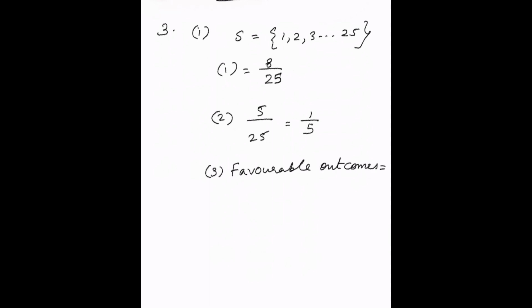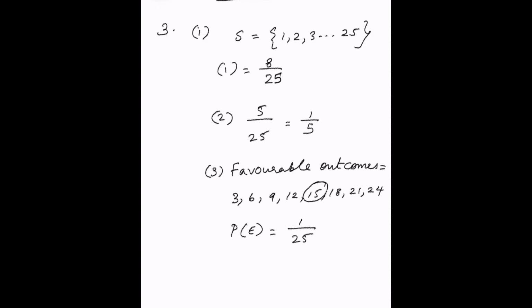First you consider multiples of 3: 3, 6, 9, 12, 15, 18, 21, 24. Now from this you can pick which are multiples of 5. Only one is a multiple of 5, which is 15. So the probability of this event is going to be 1 divided by 25.